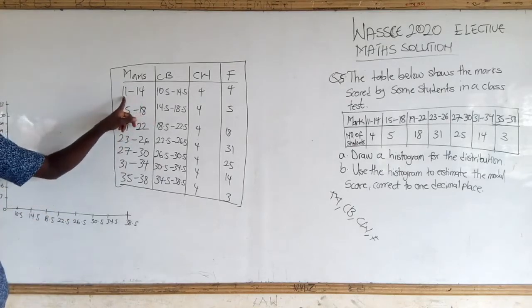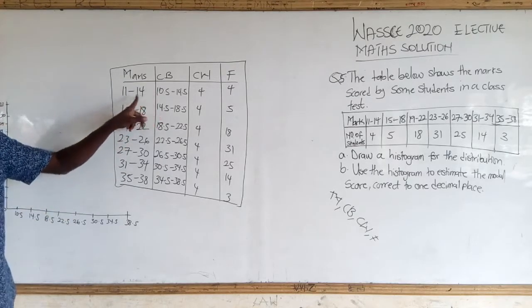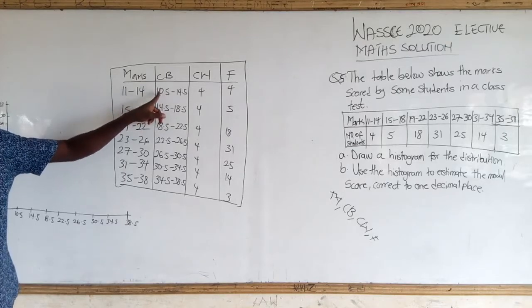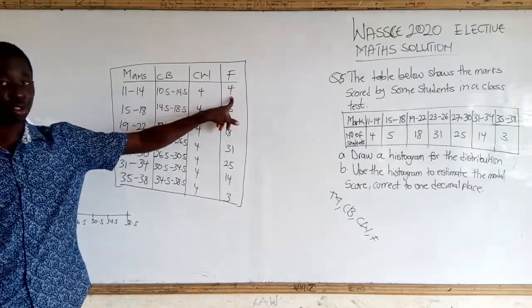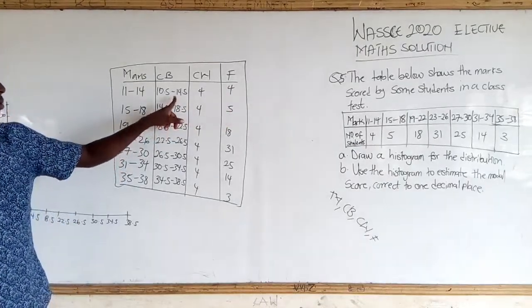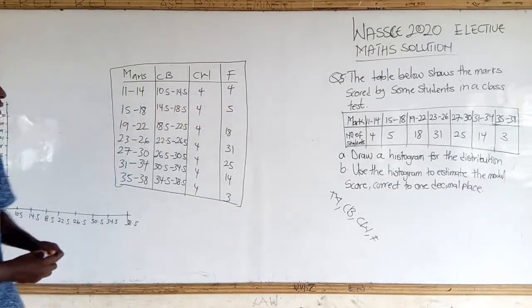So 11 to 14, which has class boundaries 10.5 to 14.5, has frequency 4. So 10.5 to 14.5, frequency is 4.